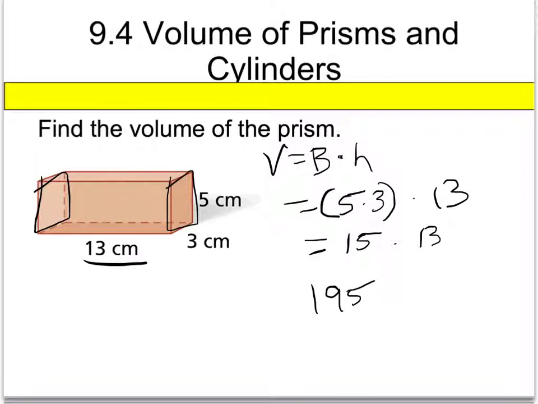Now again, remember that volume is measured in cubic units. Our units are centimeters, so we need to take centimeters cubed. And whenever you say cubed, it's talking about the third power.